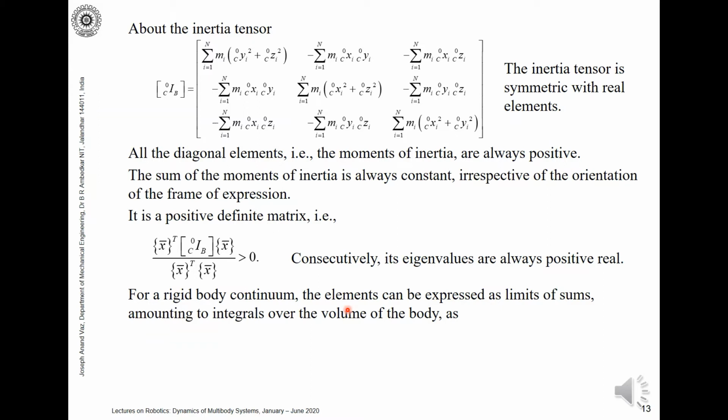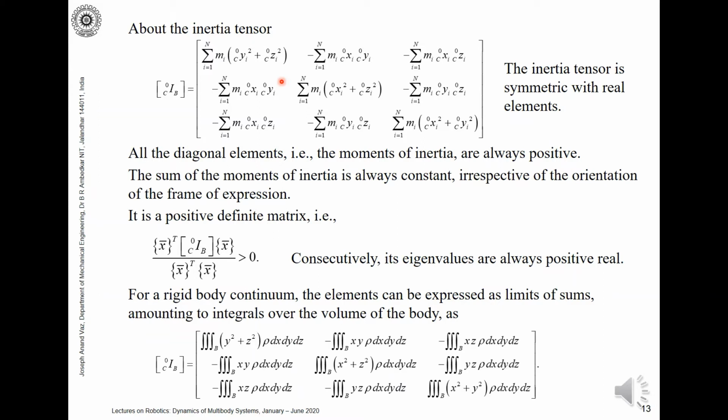For a rigid body continuum, the elements can be expressed as limits of sums. So these elements of this inertia tensor can be expressed as limits of sums, amounting to integrals over the volume of the body, just like this. So this summation symbol, when it is expressed as the limit of a sum, becomes an integral over the continuum.